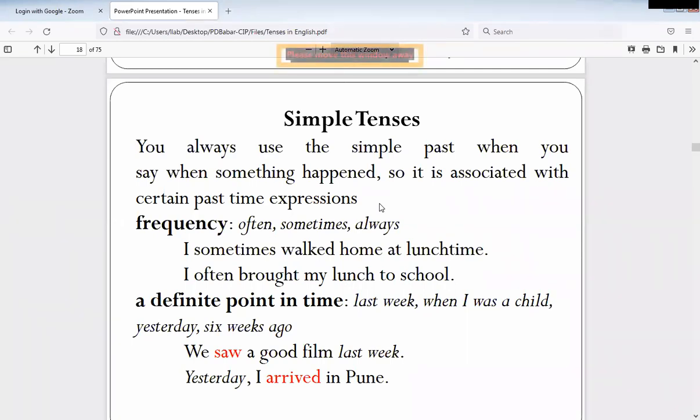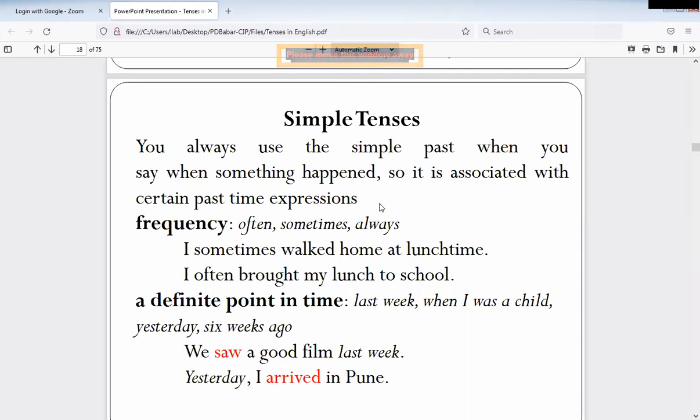Okay, so maybe his home is nearby his office, and he has that habit to walk and go home and take his lunch at his home. Okay, so for showing that action we use simple past tense.